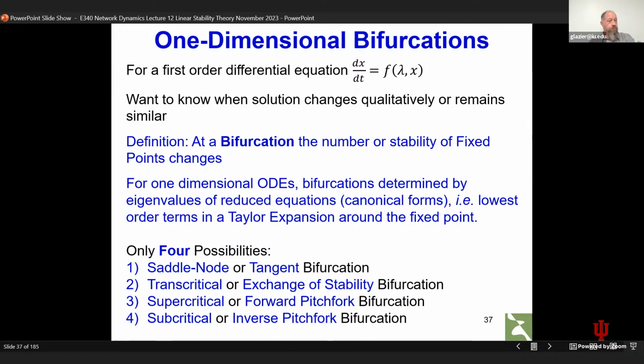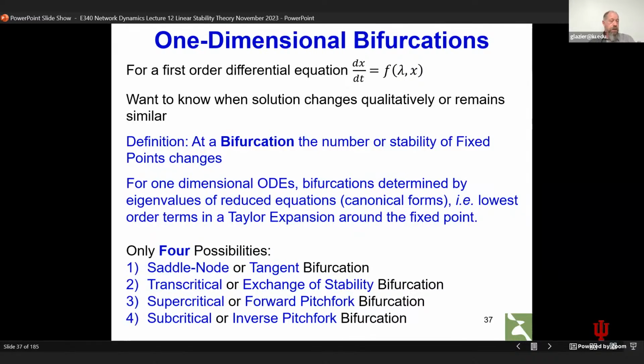So in one dimension, you can determine the types of bifurcations essentially by what are called the reduced or canonical forms of the equations. That is, the lowest order terms of the Taylor expansion around the fixed point.